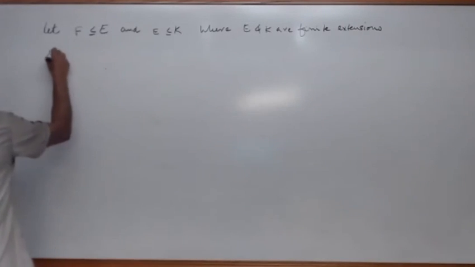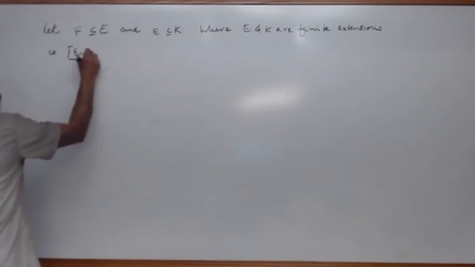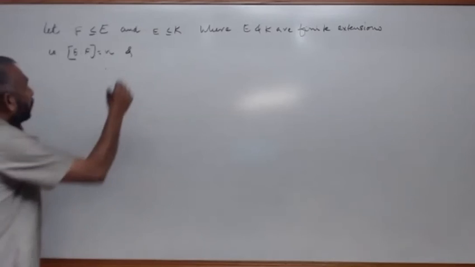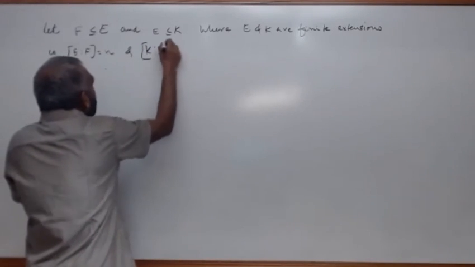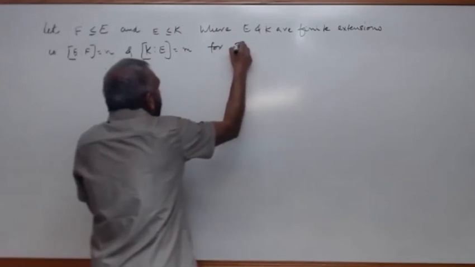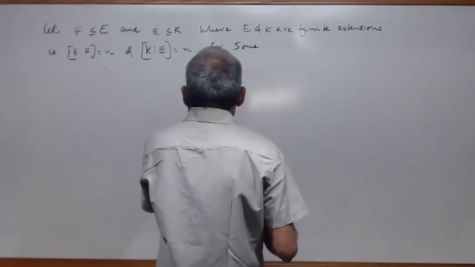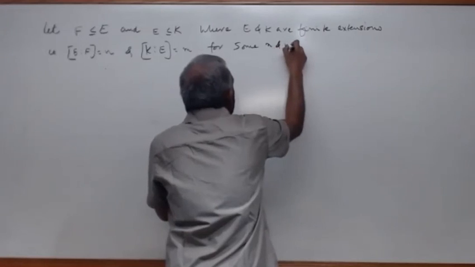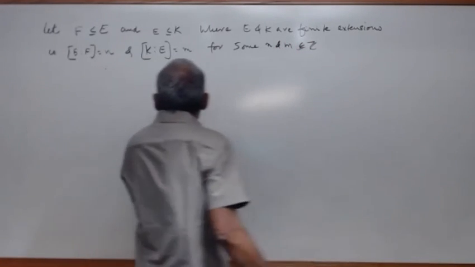That is, [E:F] = n and [K:E] = m for some integers n and m.